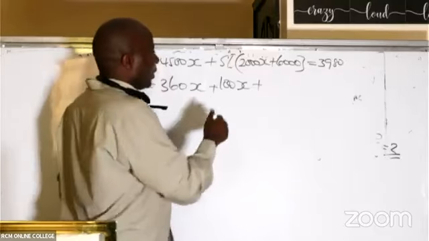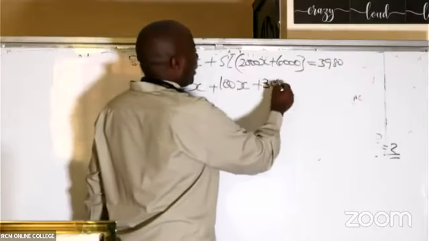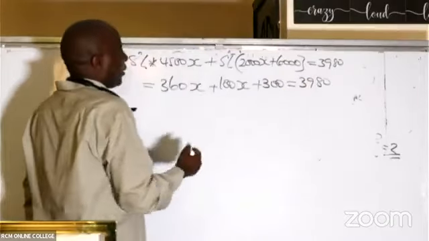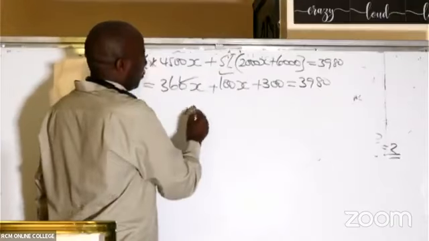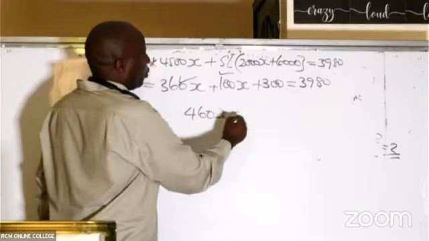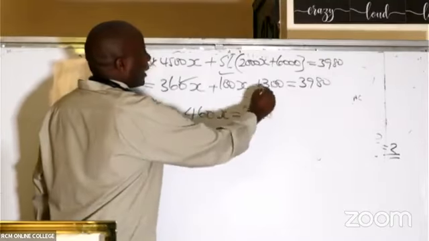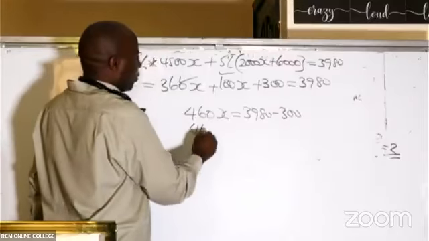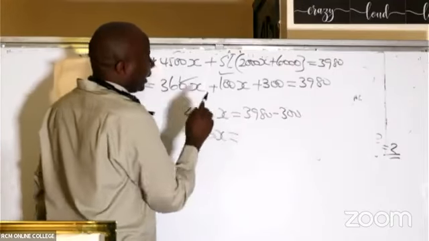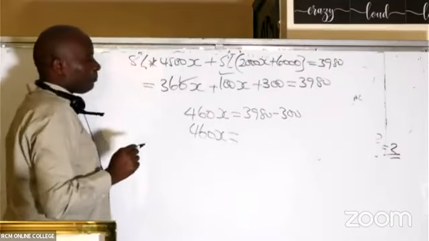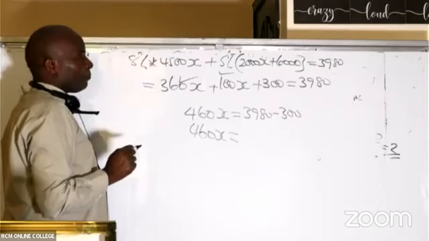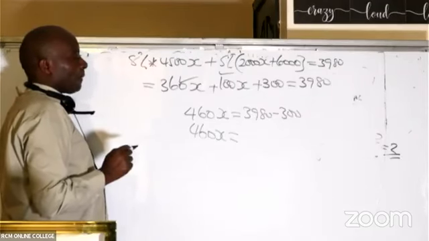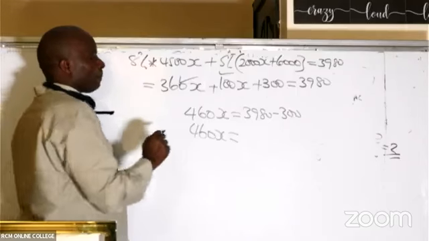300. So this gives me 300, which will be equal to 3,980. So I can see this and this giving me 460x, which will be 3980. This has to cross over, isn't it? Minus 300. So this will be 460x, which will be 3980 minus 300, giving me 3680.